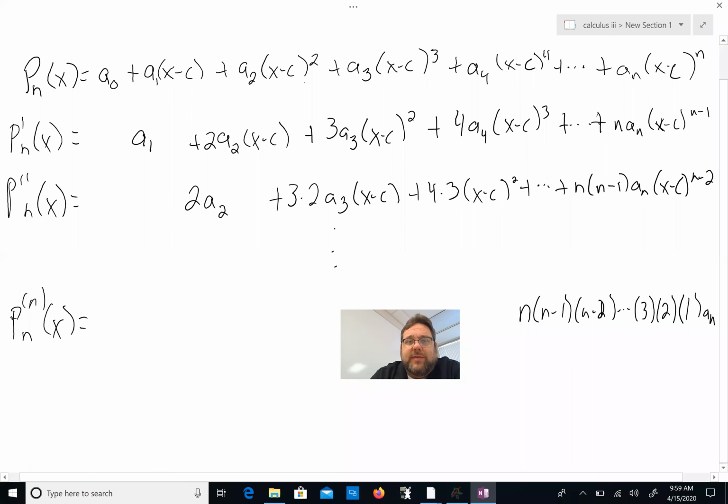So you can see that x minus c squared there. All right. So then I took the derivative. Well, what's the derivative of a constant like a sub 0? Well, it's just 0. What's the derivative of a1 times x minus c? Well, it's just a1. So it's all power rule. Derivative of a sub 2 times x minus c squared is 2a2 times x minus c. The derivative of a3 times x minus c to the third, it's 3 times that.